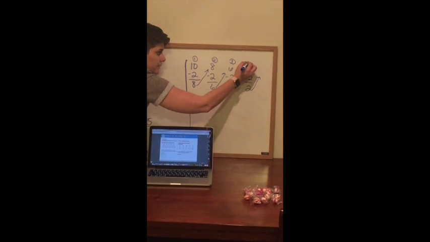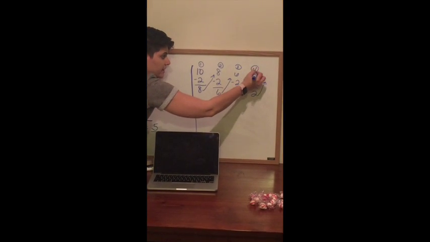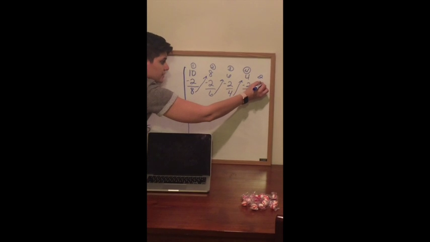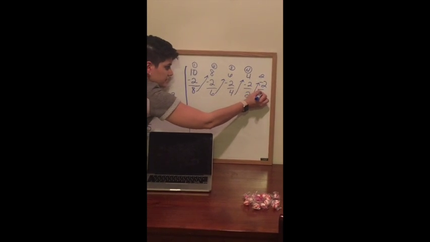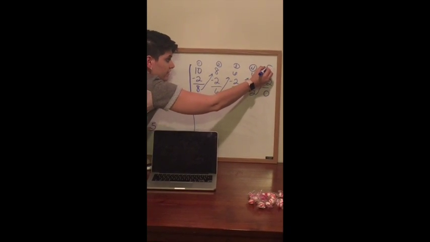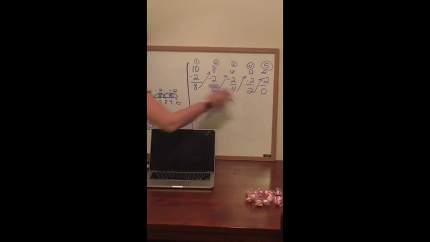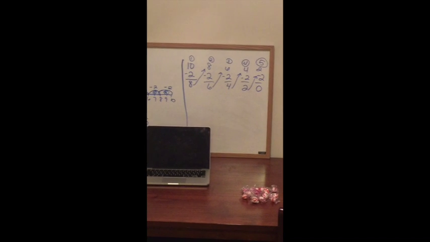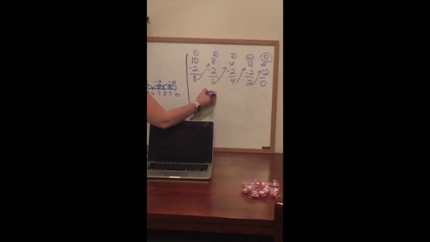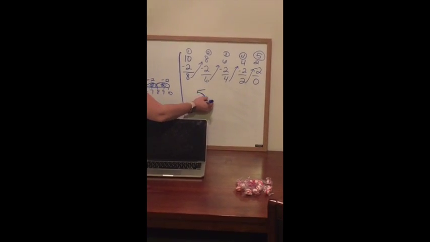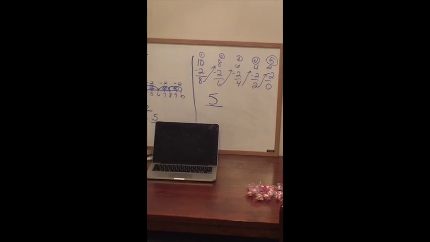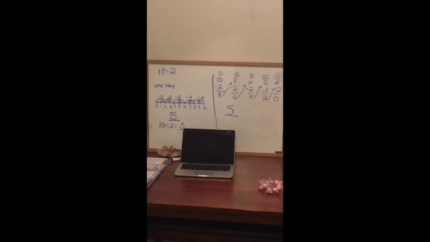And that's the fourth problem that I've done. 2 minus 2 equals 0. That is the fifth. So I did 5 different subtraction problems. How many times did I subtract? I subtracted 5 times, which means that 10 divided by 2 equals 5.